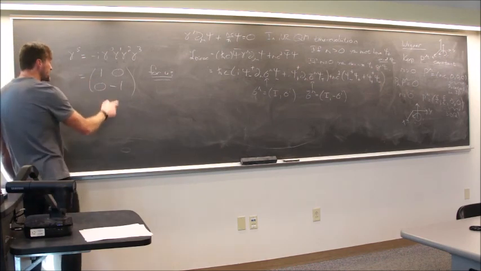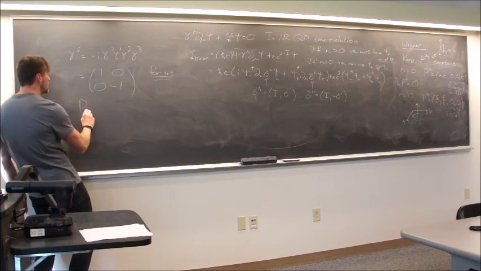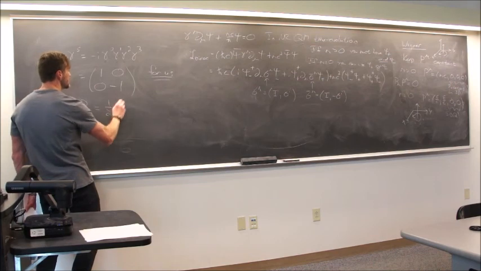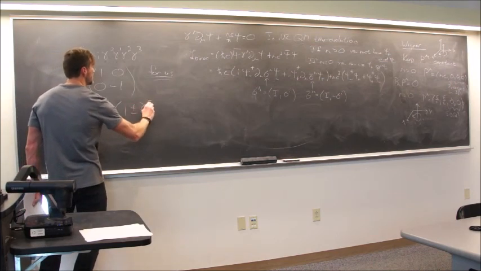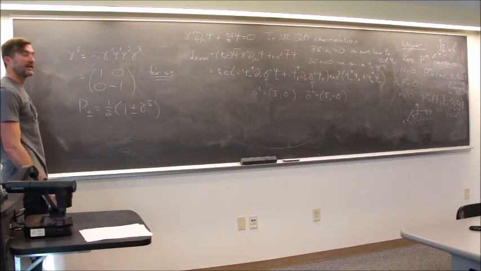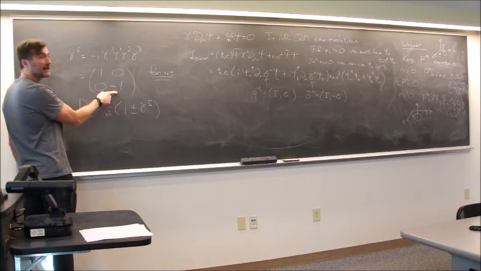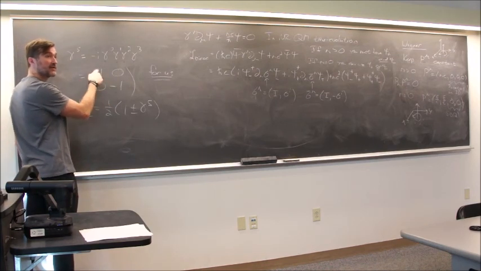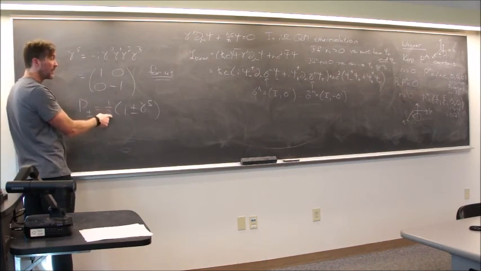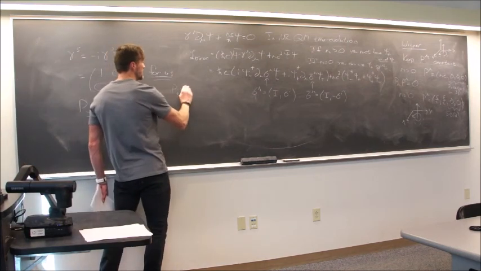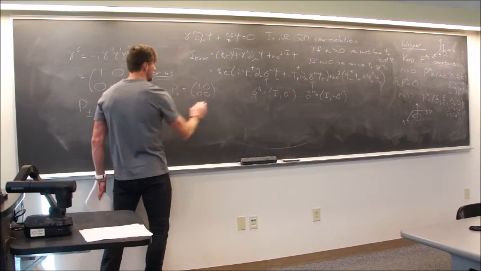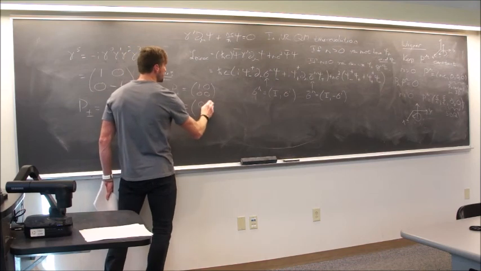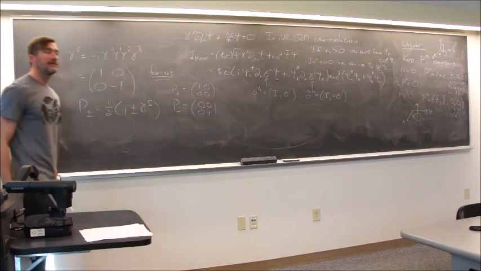So having this, we can immediately form projection operators. If I add this thing to itself, this goes to 0, this becomes 2, dividing by 2, this just becomes this. Likewise, P minus just becomes that.